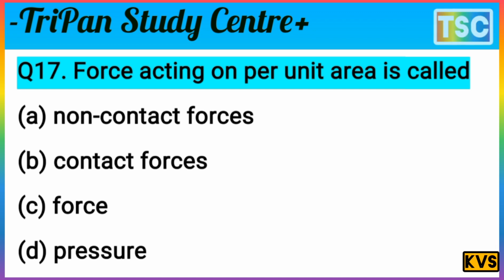C. Force, there is no force applying here, so option C is wrong. D. Pressure, pressure is the right answer for this question. Force acting per unit area is called pressure. It means option D is correct here. Let's see the next question here.